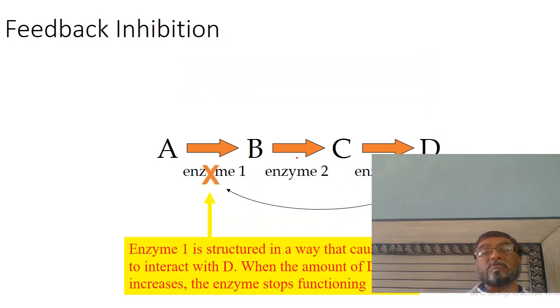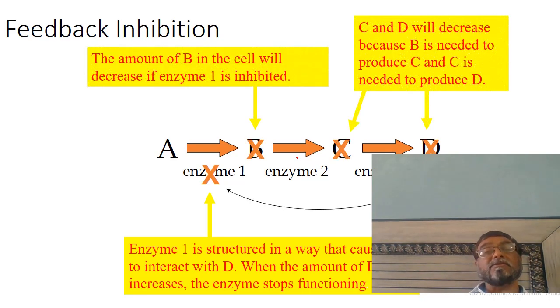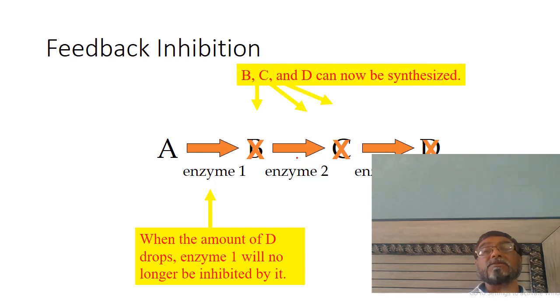Look at this one, D is inhibiting enzyme 1. When enzyme 1 stops its work, enzyme 2 and enzyme 3 will also be affected. So this is the feedback inhibition process.